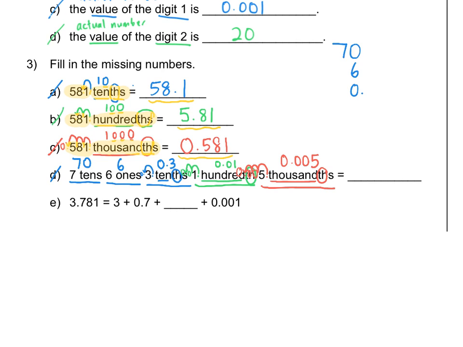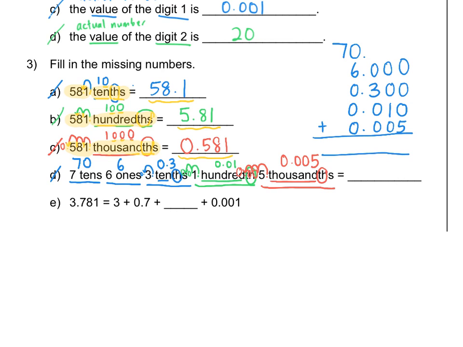And if I were to add up all the numbers together, 70 plus 6 plus 0.3 plus 0.01, the decimal point must be aligned, plus 0.005. I add them together. Okay, for those, I can add the missing zeros at the back, to make all of them into 3 decimal places, dot 000.